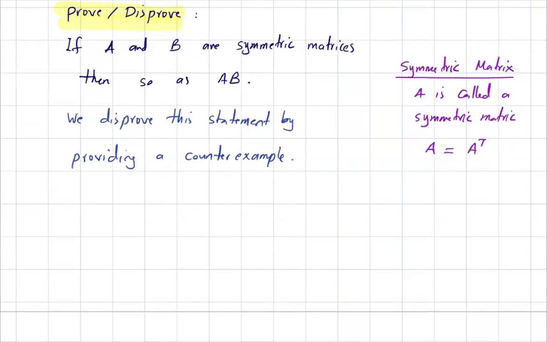What I'm going to do is take two matrices that are simple in size. Let A be the matrix 1, 1, 1, and 0. And the second matrix, let B be equal to the matrix 0, 1, 1, and 0.